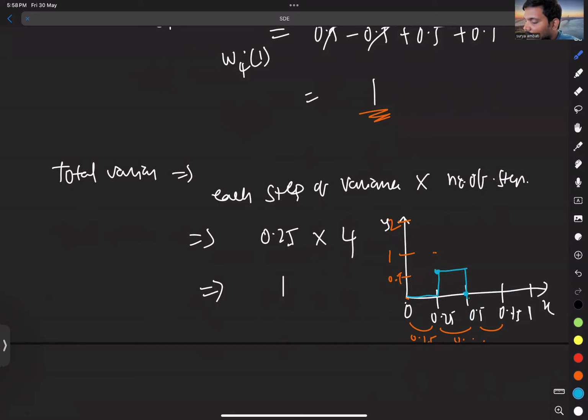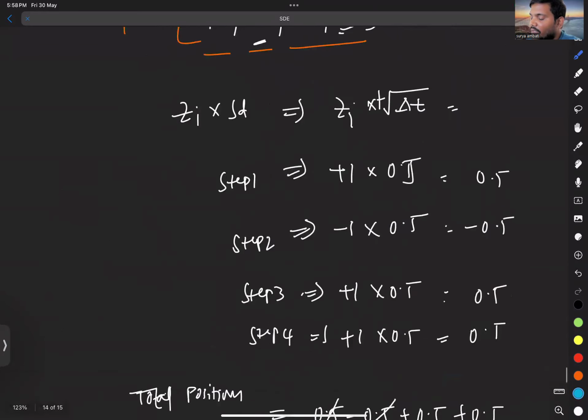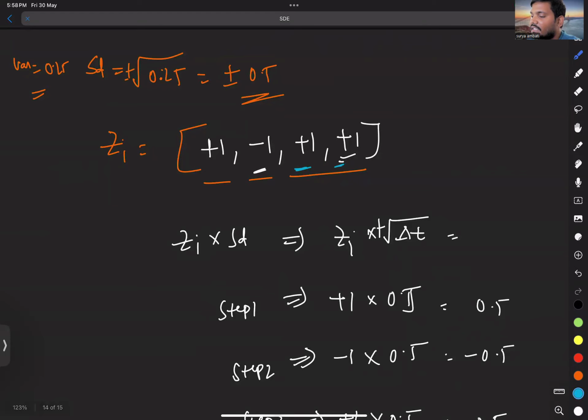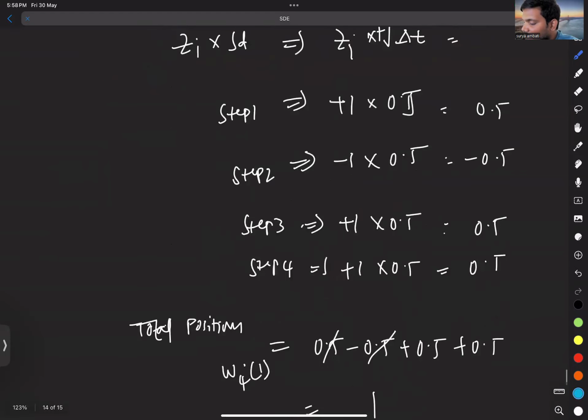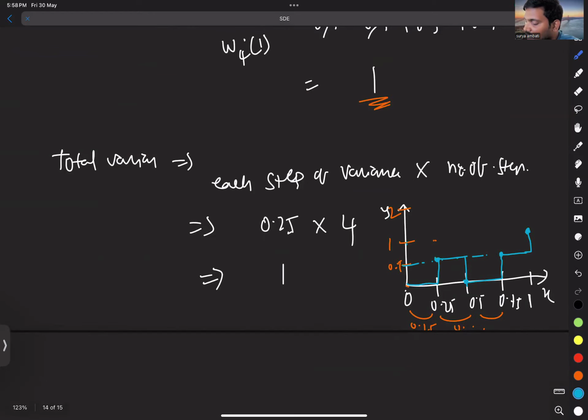The third step, he again took the right direction, from here 0.5. And after the final step, he took the right again, 0.5. So 0.5 to 0.5, which is 1.